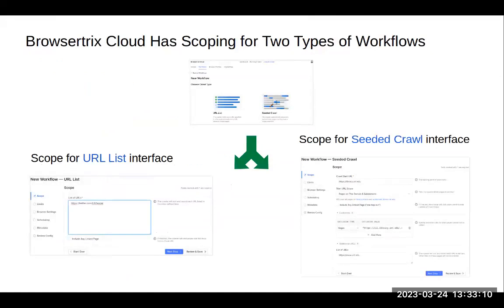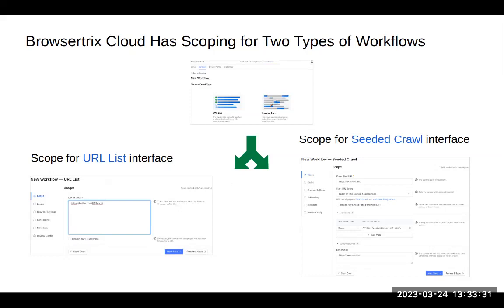Once you've got it up and running and you're ready to configure a crawl, Browsertrix Cloud uses something called workflows. They have two types right now. URL list, where you can scope by just putting in a list of URLs. It doesn't recursively crawl any of them. It just gets that page, and then you can optionally get any linked pages as well.